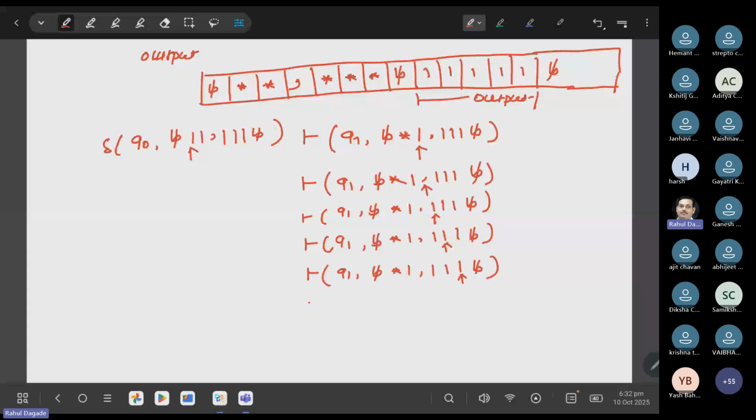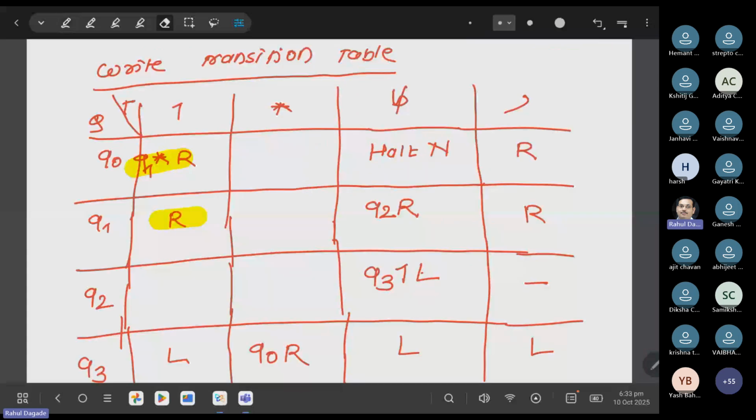Now the pointer comes at blank. If the pointer comes at blank, then Q1 will come to Q2 and move the pointer to the right. So this it will do.